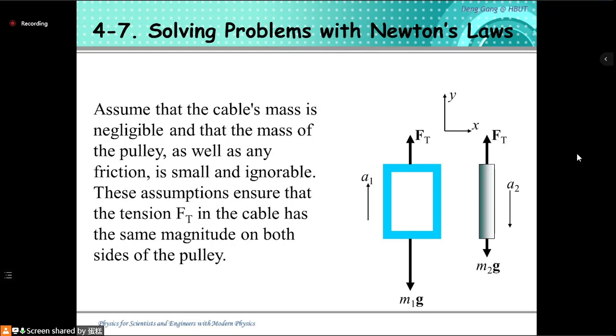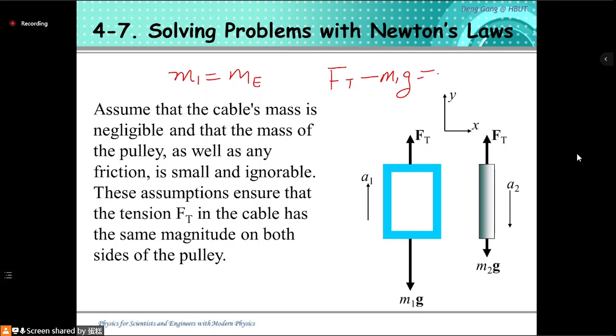Ft is in the positive direction, so that's positive, and m1g is in the negative direction, so it's negative. The net force is Ft minus m1g. Here m1 is the mass of, let's say, the elevator, right?